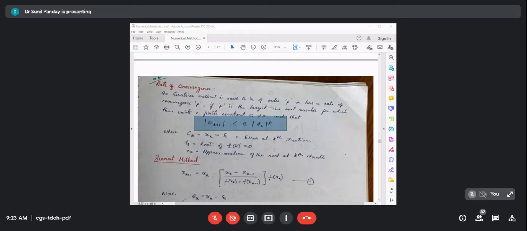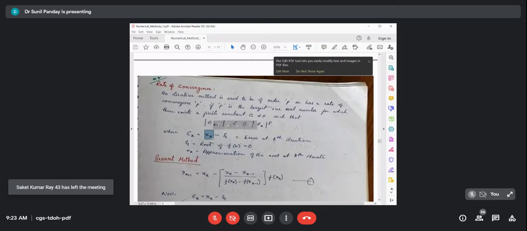So what is this epsilon? Here xk is the approximated root obtained at kth step, and xi is the exact root of the problem. So xk is the approximated root we obtained through any iterative method, and xi is the exact root, and the difference is the error.